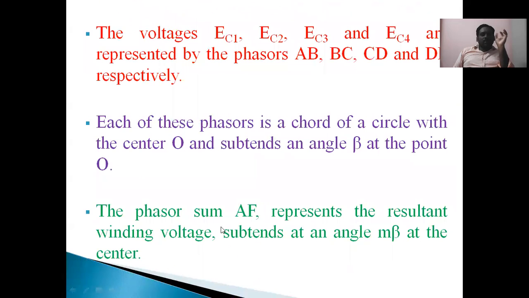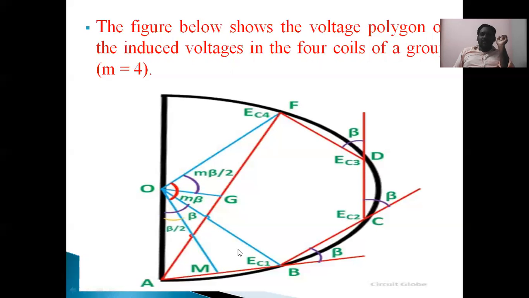Now, the phasor sum AF. These are all individual coils, and the resultant for these four individual EMFs is AF. That is represented simply by EC. That voltage phasor is represented by vector AF.